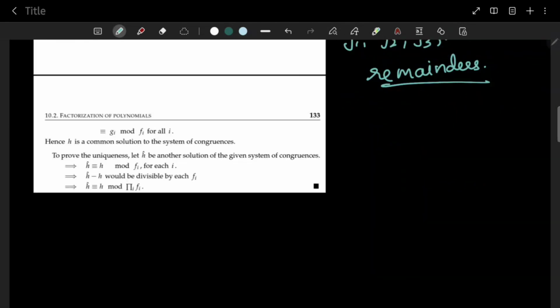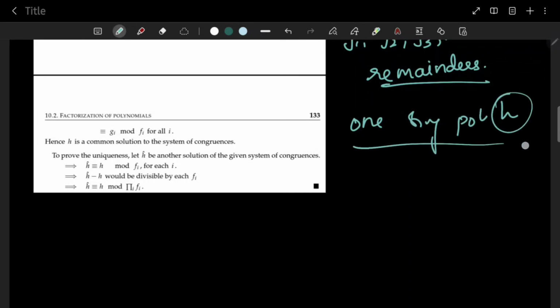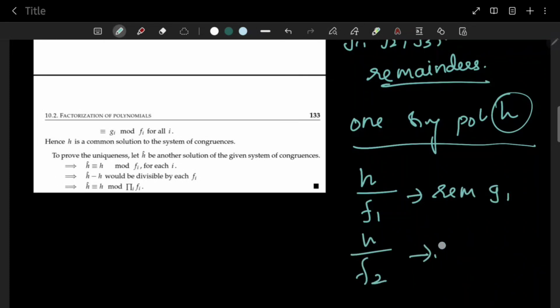Now, we want to find one single polynomial h such that when we divide h by f1, we get remainder g1, and h by f2, we get remainder g2, and this goes on.